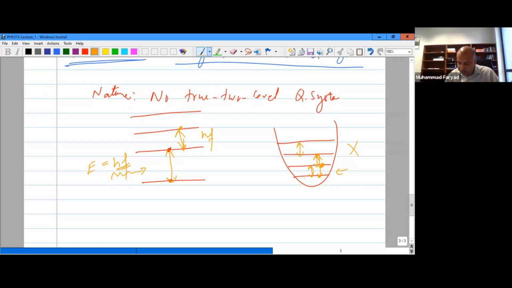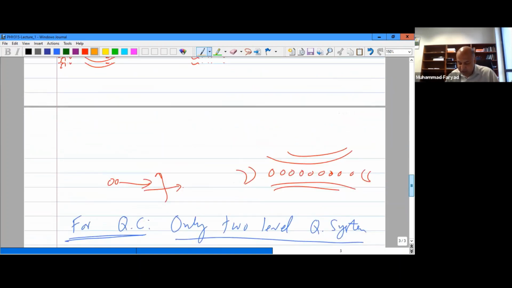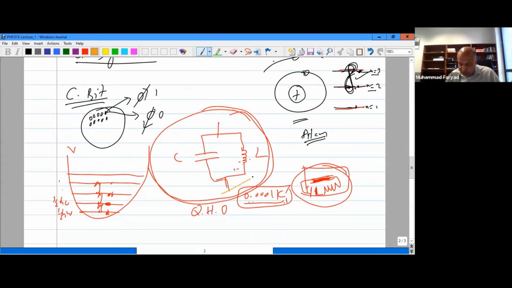So if you want to use a hydrogen atom, that's fine, but the hydrogen atom has its own problem. A lot of companies now, especially IBM and many others that are building quantum computers, are working with these superconducting oscillator based quantum systems. To make this system have different energy levels, they just make this circuit non-linear.